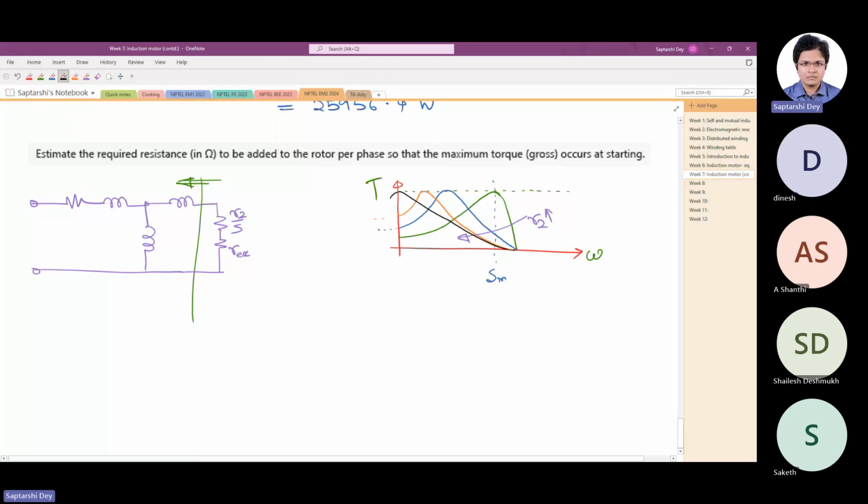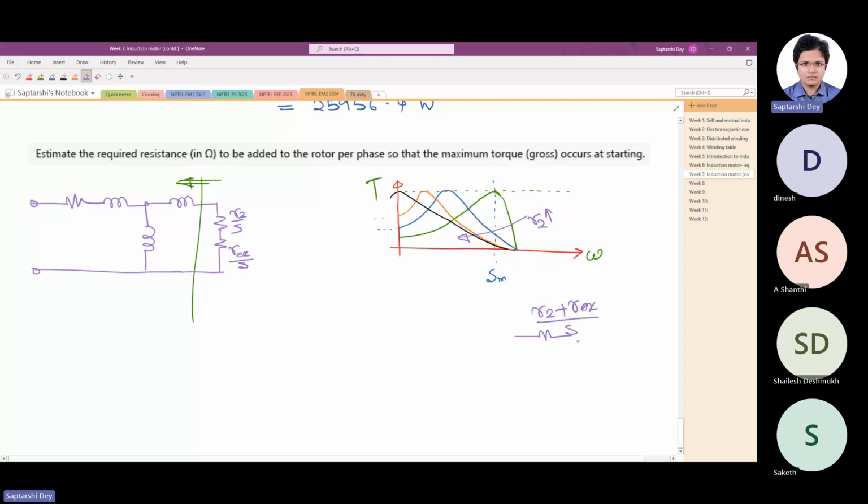So what we did here, that R2, now it is R2 plus Rx, by S. Because at standstill condition we had R2, now with that Rex is being added. So the whole thing is now in the circuit.